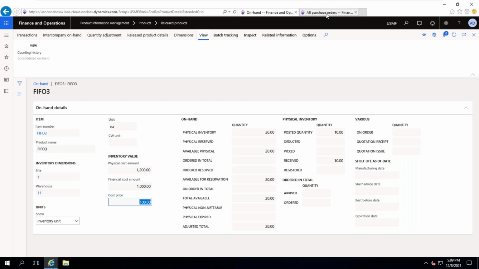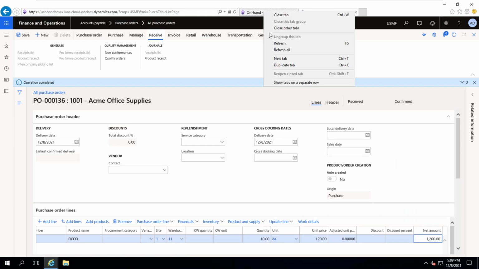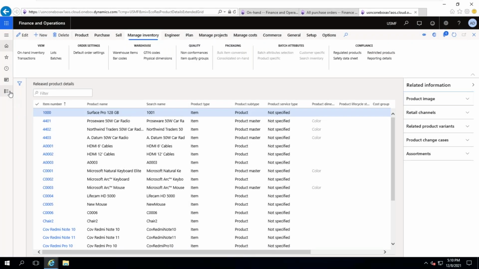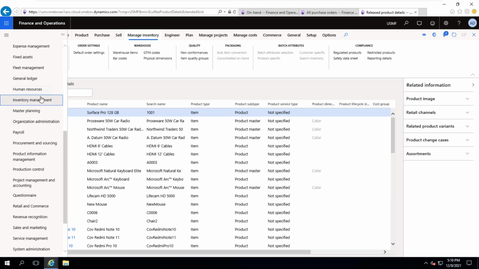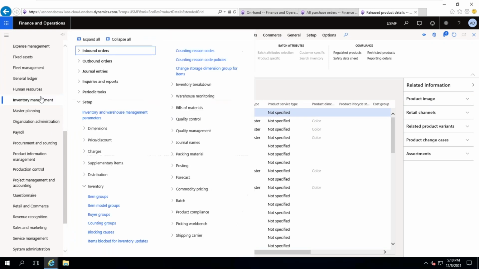One second, let me show you one more small setup. Let me go to inventory management, setup, item model groups.